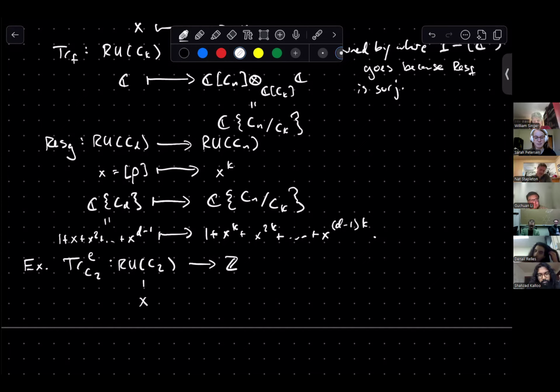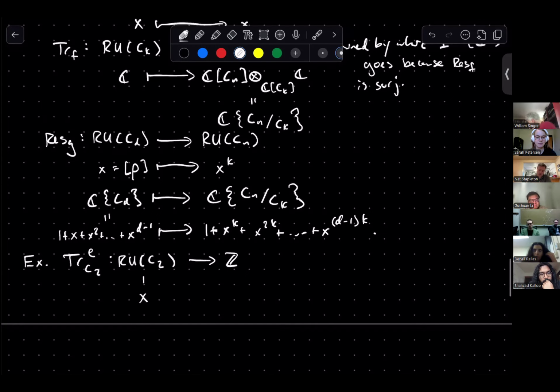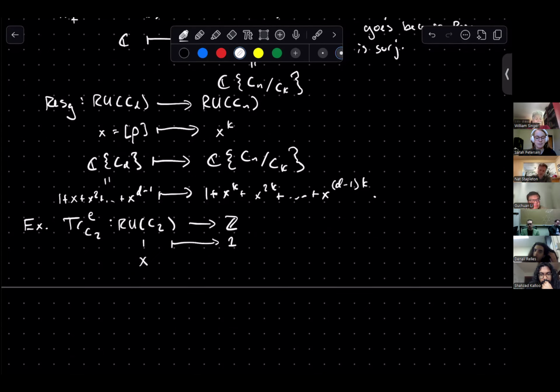But C2 acts trivially on 1, so the quotient does nothing. So 1 goes to 1. But C2 acts by the sign representation on X, and that's a non-trivial action on the complex numbers. So when I take the quotient in vector spaces, I just get a zero-dimensional vector space. And so that's what that transfer map is doing, and you could generalize that.